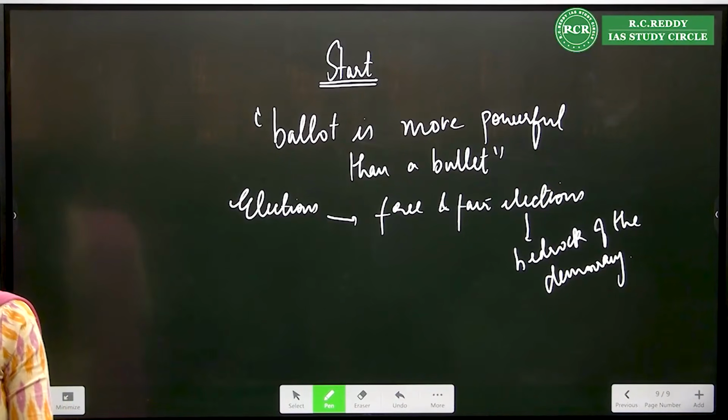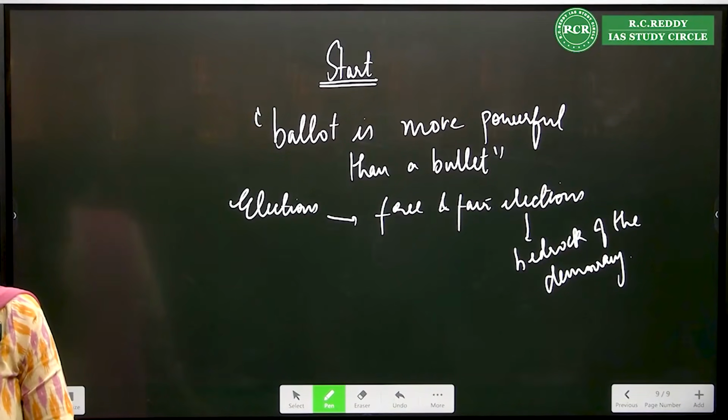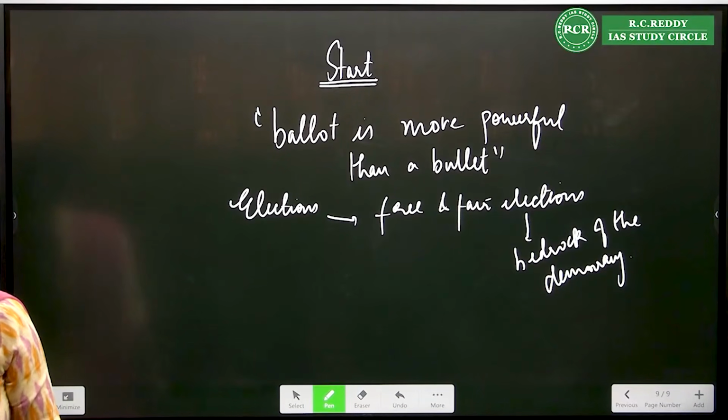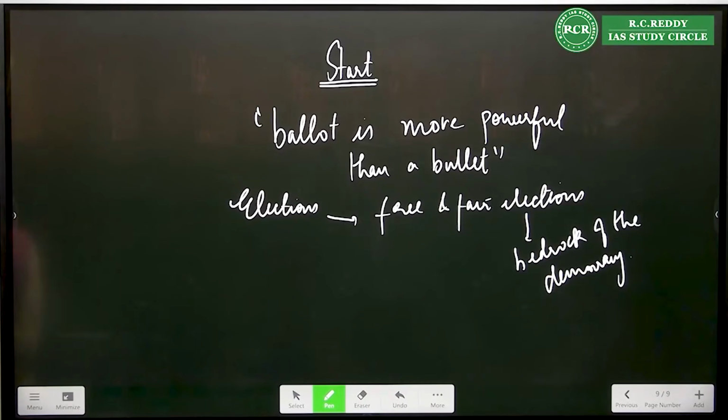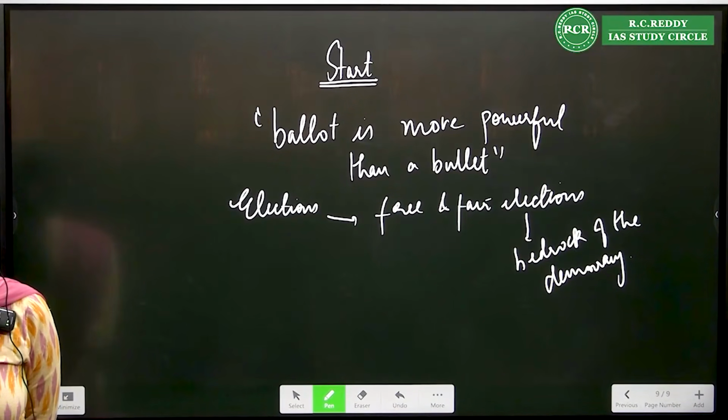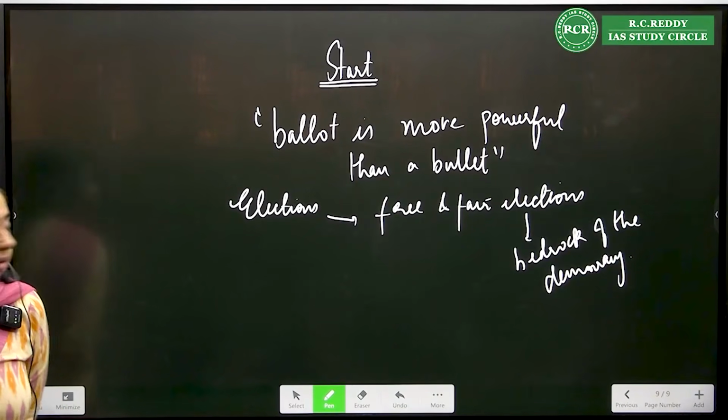Write a paragraph here. The ballot is more powerful than a bullet.